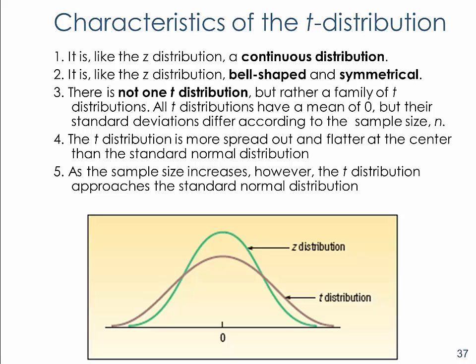The difference is there's not one t-distribution, but rather a family of t-distributions. They all have a mean of 0, but their standard deviations differ according to the sample size n. The t-distribution is more spread out and flatter at the center than the standard normal distribution, but as the sample size increases, it approaches the standard normal distribution.